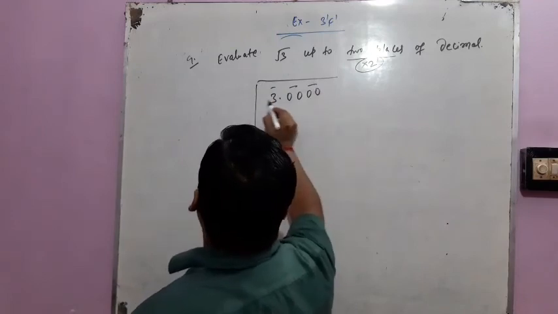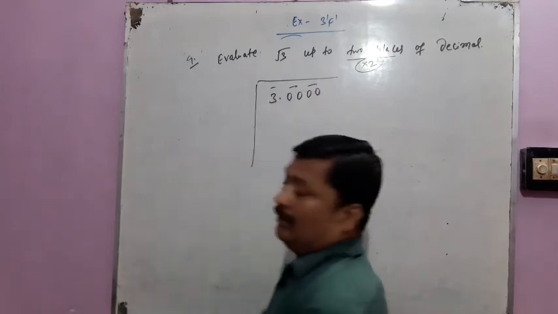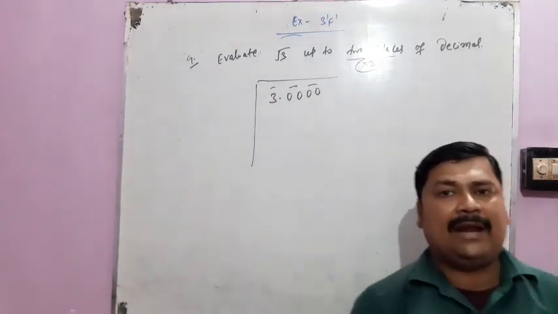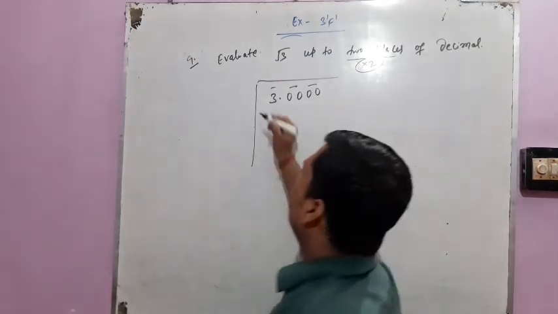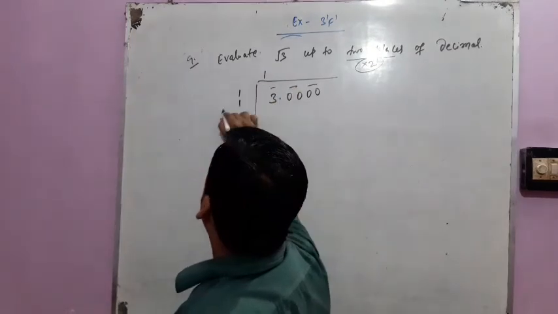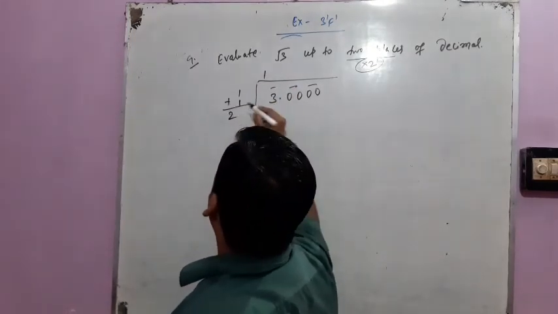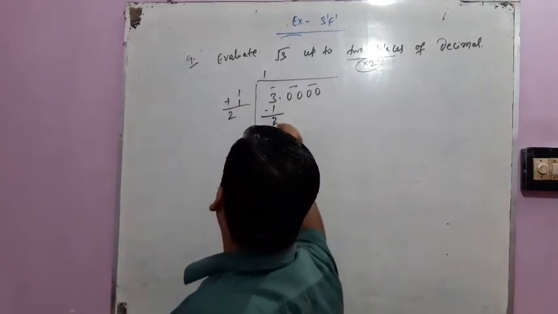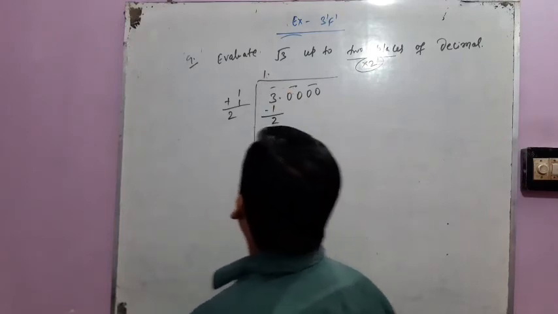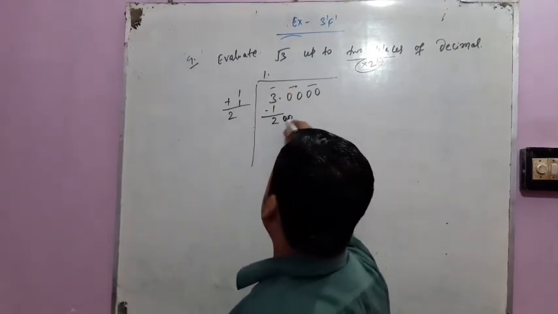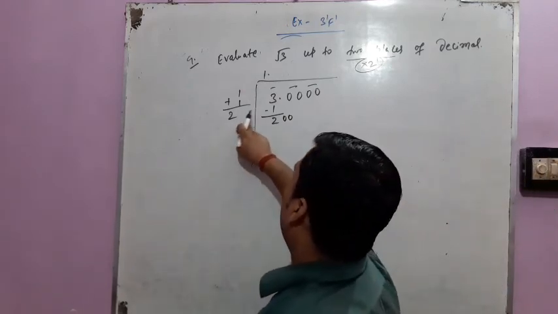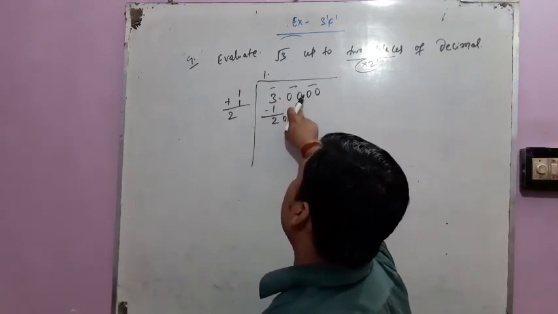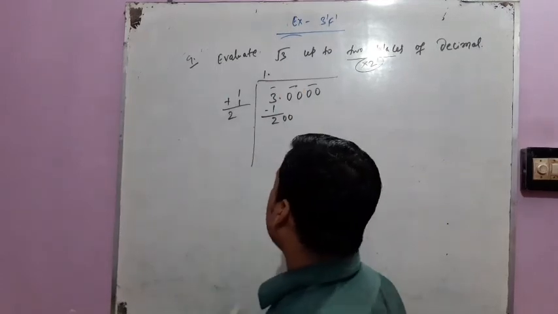Now we will find the value of 3. We have to think in our mind the square of which number is near about 3. Okay? The square of 1 is 1, 1 plus 1 here 2. Okay. Now we are taking the next digit 0. Now we have to multiply 2 with such a number. Whenever we are taking the digits after the decimal, we have to mark the decimal here also.